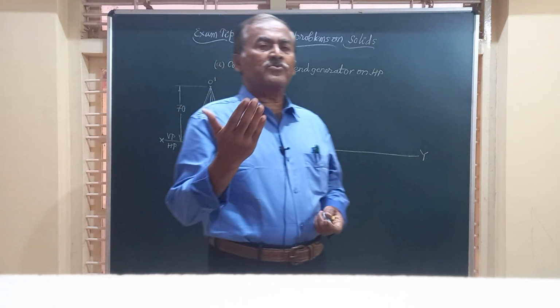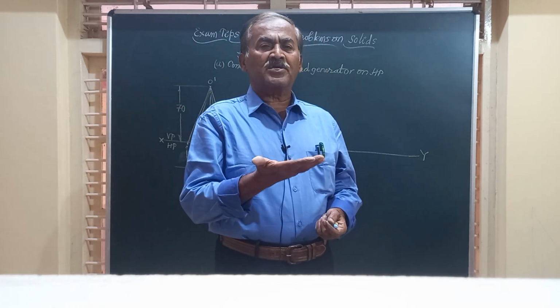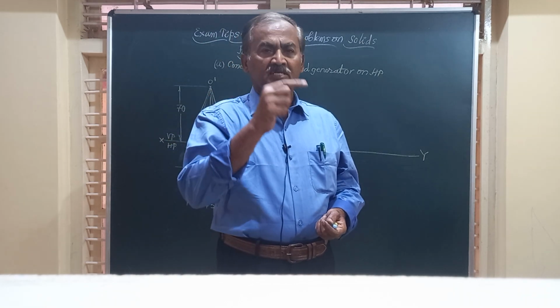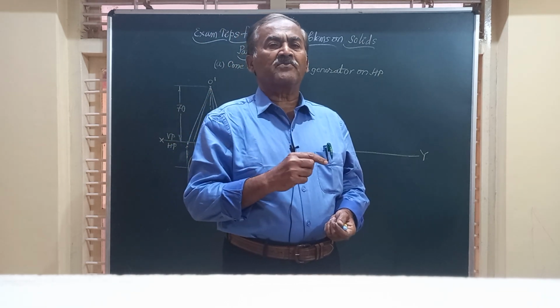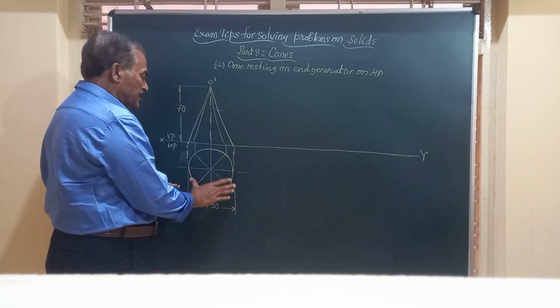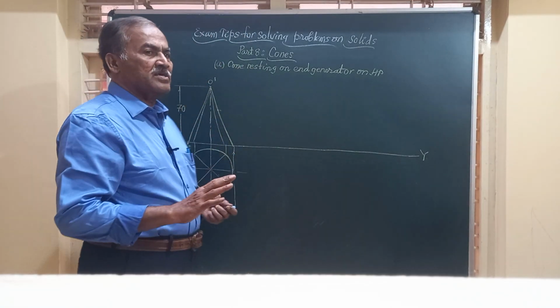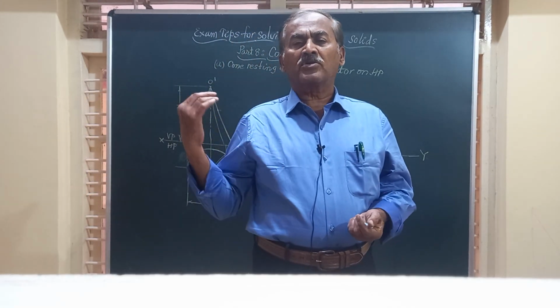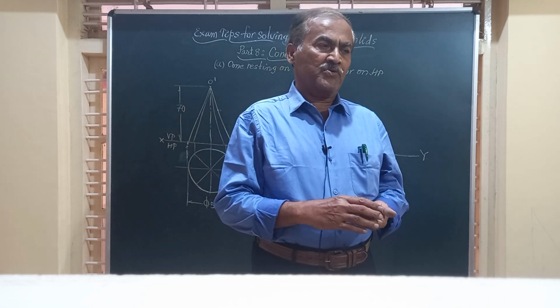Whenever you place any cone on HP on its base, in the top view you see a circle and in the front view you see a triangle, as I have shown here. The diameter and the height of the cone will always be given and you should be able to draw the front and top views.